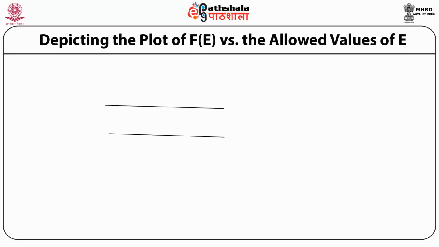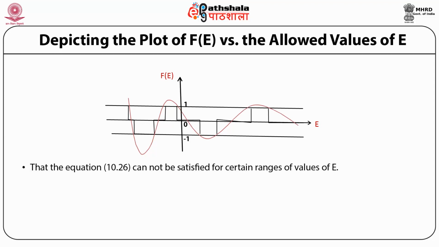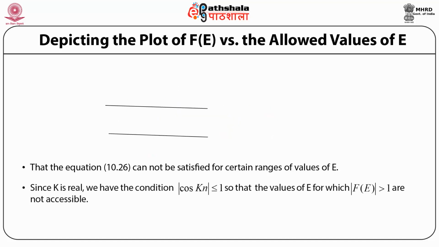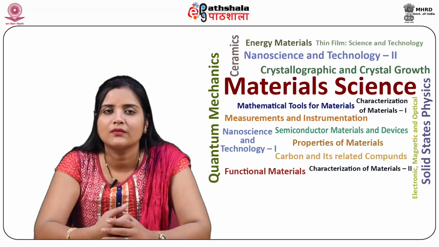An important feature which emerges from this graph is that equation 26 cannot be satisfied for certain ranges of values of E. Since k is real, we have the condition modulus of cos kn is less than or equal to 1, so that the values of E for which modulus of f of E is greater than 1 are not accessible.